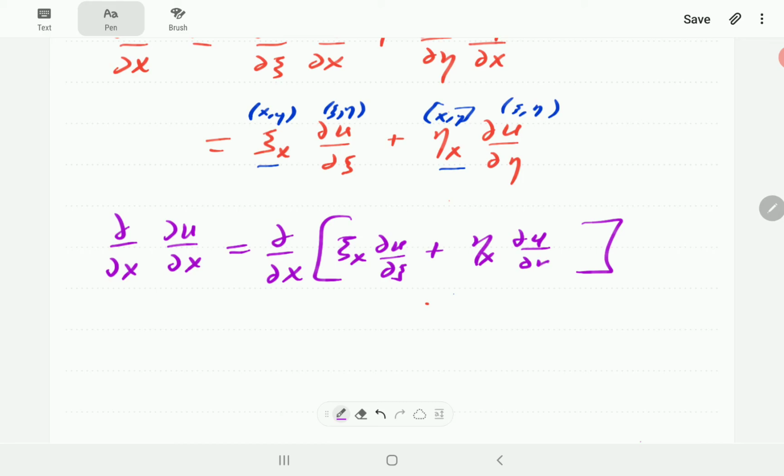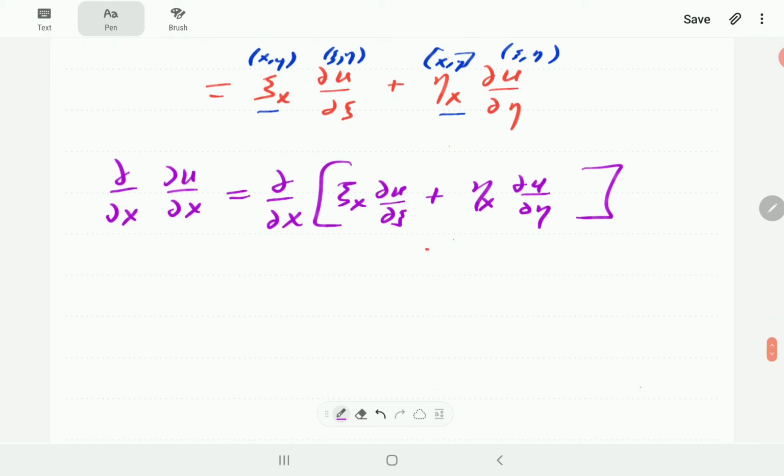partial eta. So when it comes to these two, they are functions of x and y, so we can differentiate them straight away with respect to x. We don't need the chain rule for those ones. So here we're going to use the product rule.